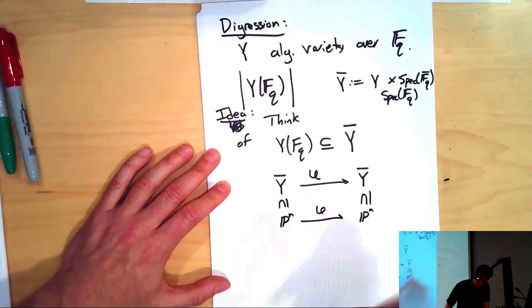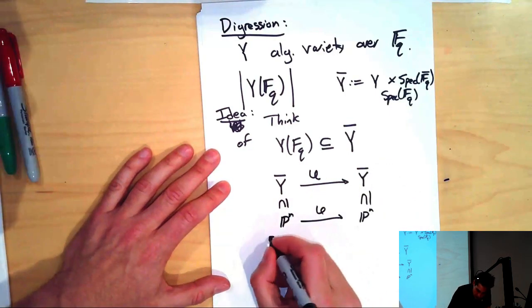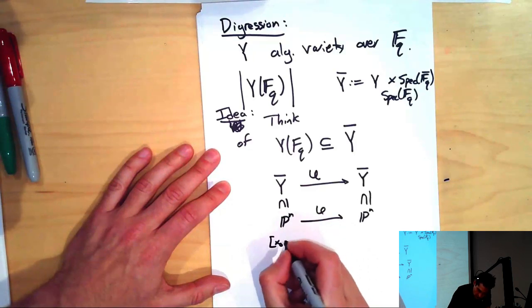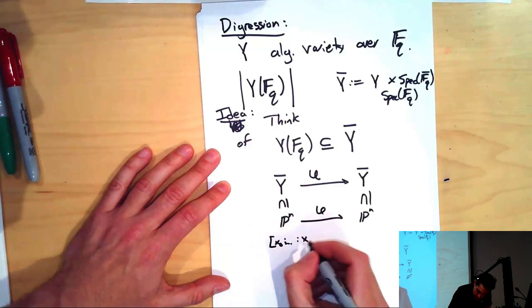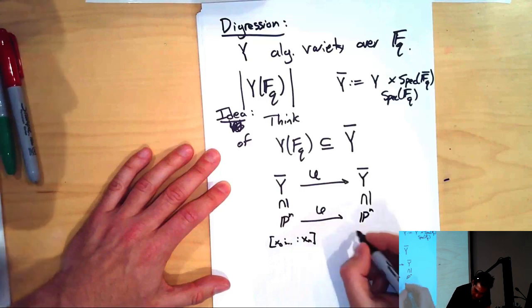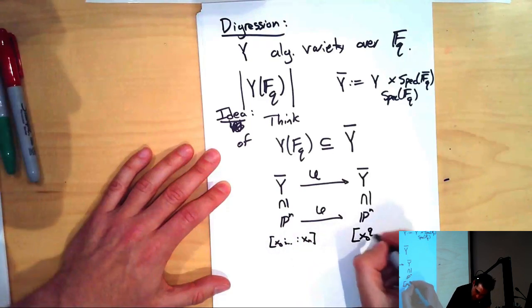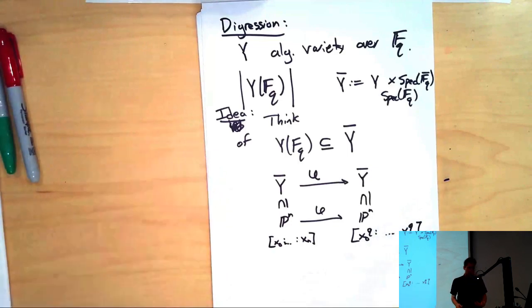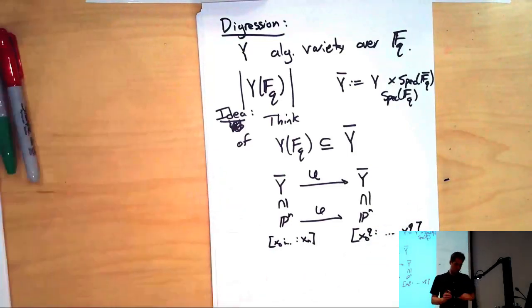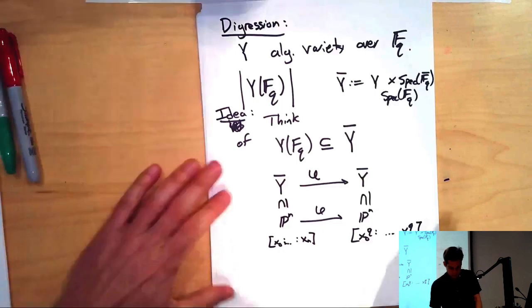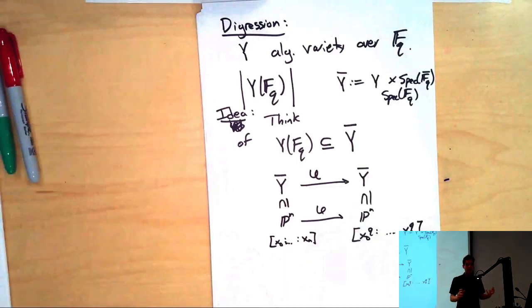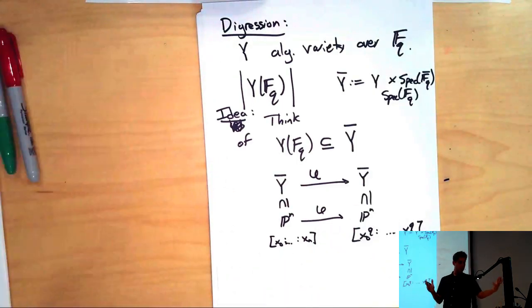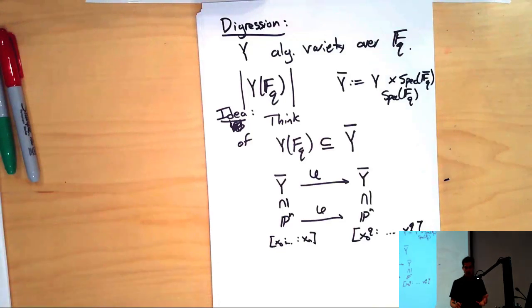It's just given by restricting a map from projective space to itself, which in homogeneous coordinates takes x0 through xn to x0^q through xn^q. So Y bar is defined inside of projective space as the solutions to some polynomial equations where the coefficients are in FQ.